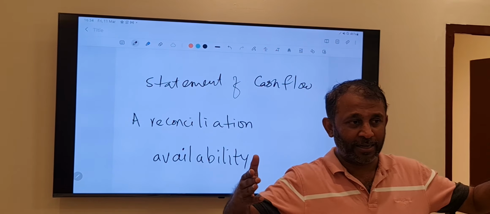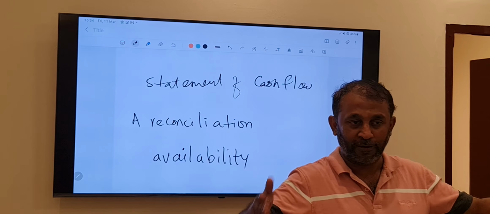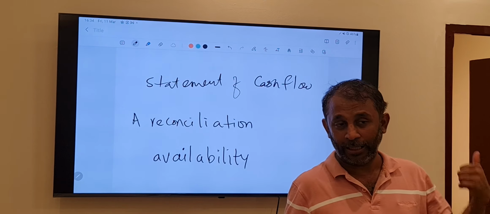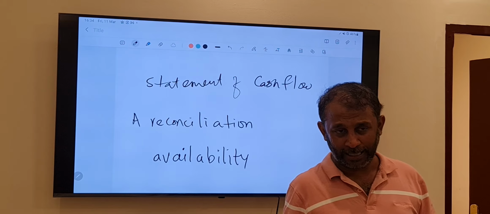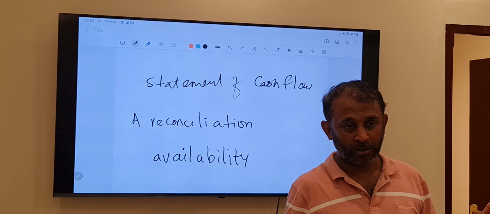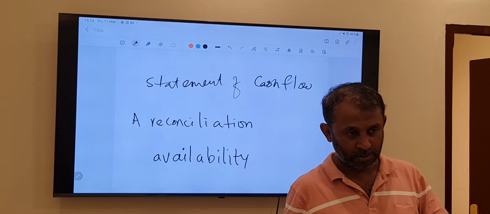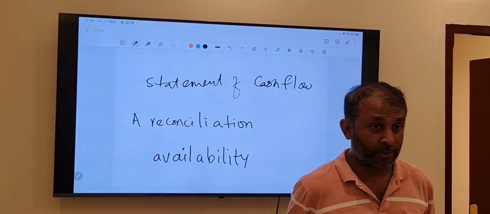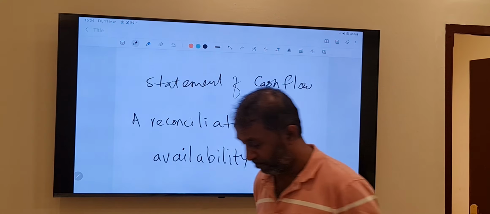Again, this is for a given period, like 3 months, 6 months, 1 month, like that. So the balance sheet is only for a particular day. Over a period of time.